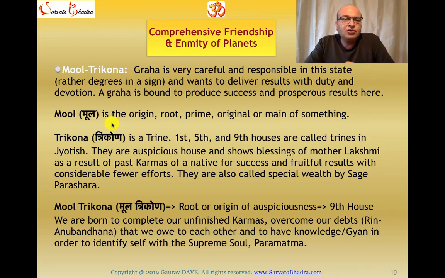Mool Trikona, Moola is the origin, root or prime, original or main of something. Trikona is a trine. 1st, 5th and 9th houses are called trines in Jyotish. They are very, very auspicious houses and they show blessings of Mother Lakshmi. Trinal houses in Jyotish are represented by Goddess Lakshmi and the quadrant houses are represented by Sri Vishnu.